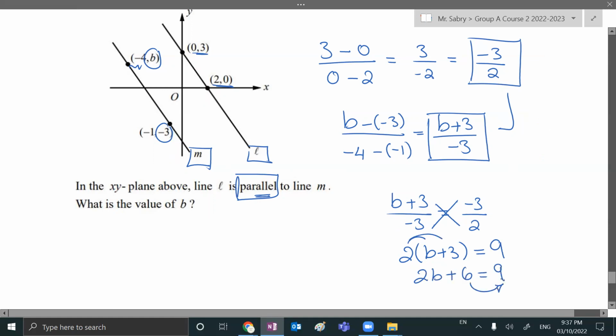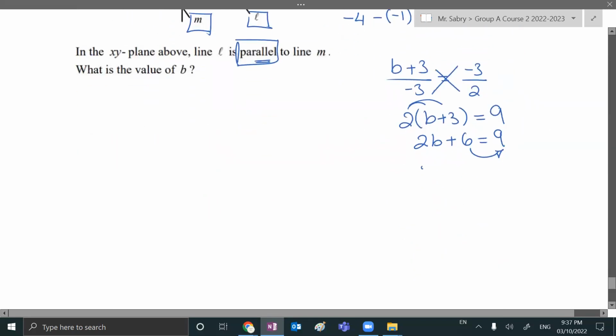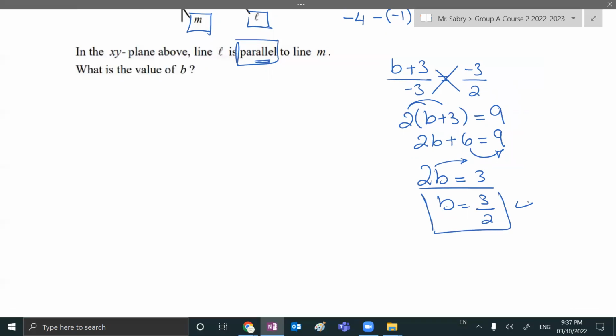Move the 6 to the other side. It will be 2b equals 3. Divide the 2 to the other side, so it's 3 over 2, and that should be the value of b. The process of thinking is the most important thing. I just used the fact that they're parallel, and I got the slope of the first one, I got the slope of the second one, and I made them equal.